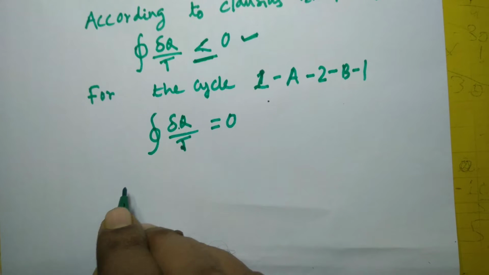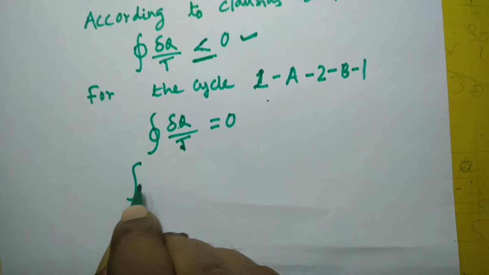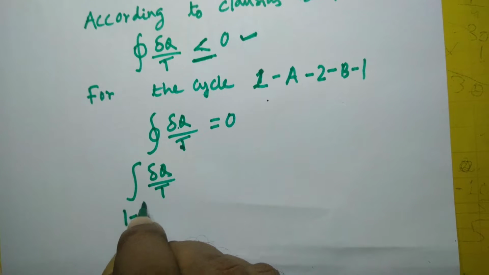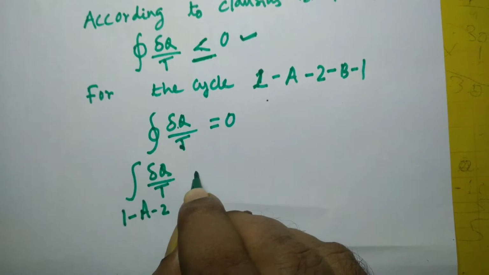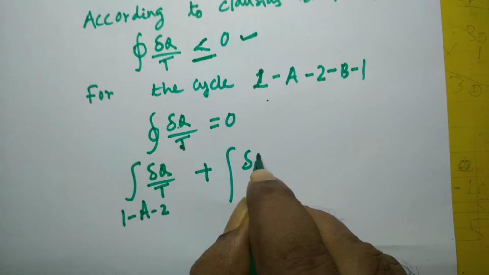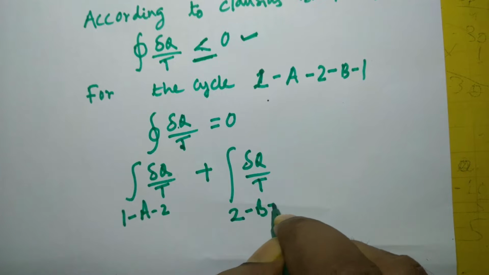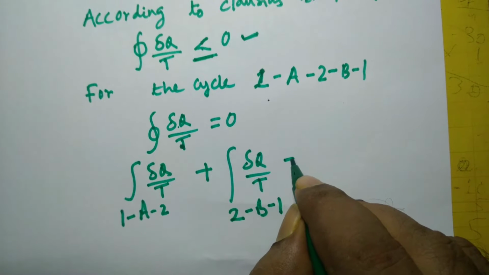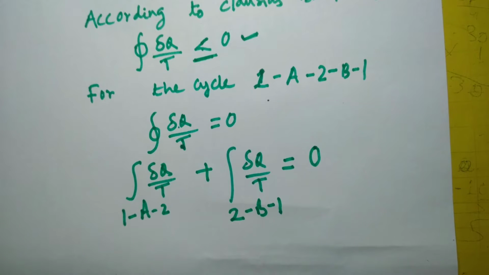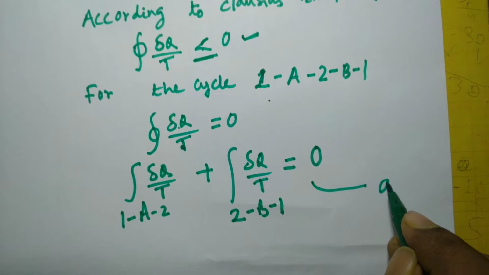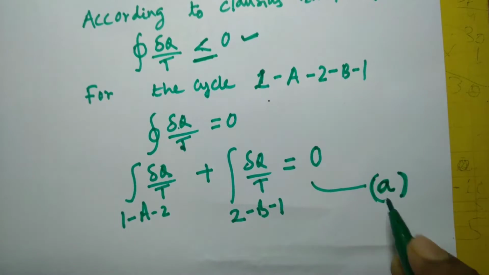So I can write del q by T evaluated along the path 1A2 plus del q by T evaluated along the path 2B1 is equal to 0. Suppose this is equation A.